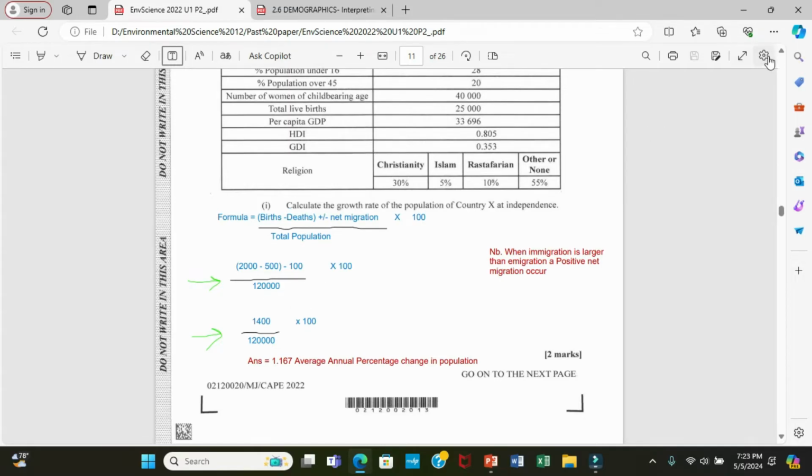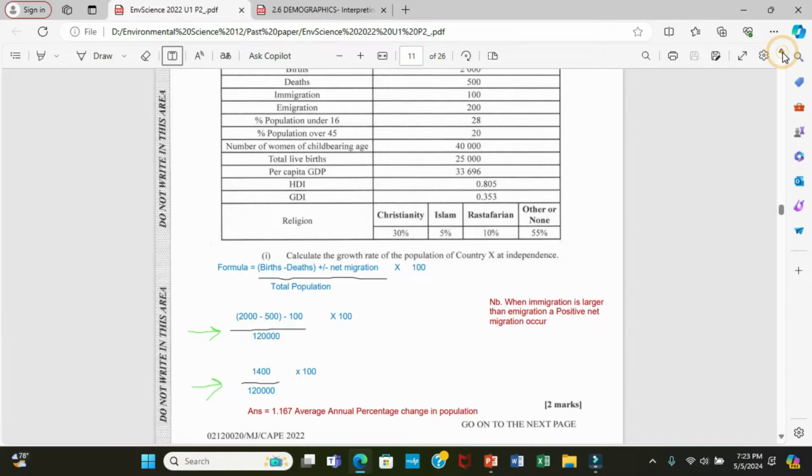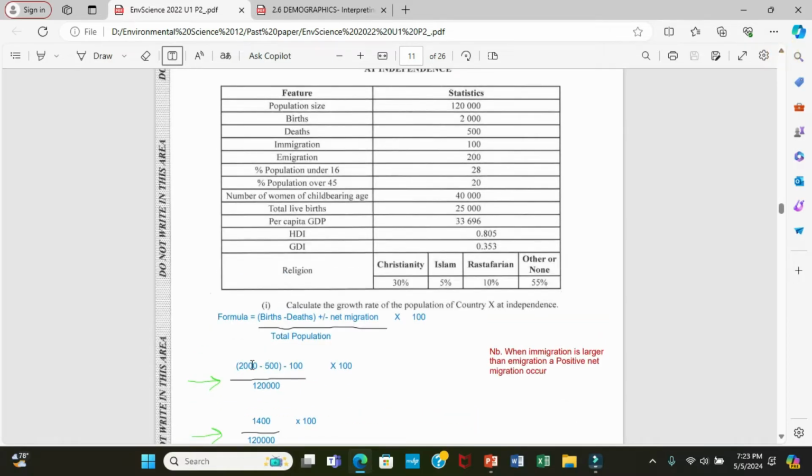All right, so let's go on further. So the birth here is 2,000, right? Minus death, which is 500. So we plug in all of that in the formula. Now, if you notice the plus and minus, in order to decide which one, you have to use this note brief over here.